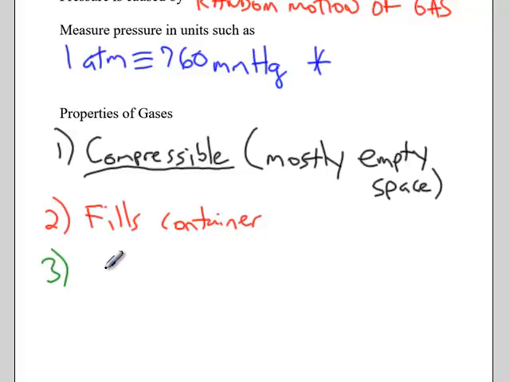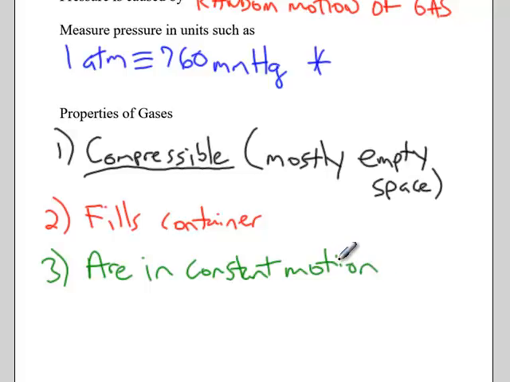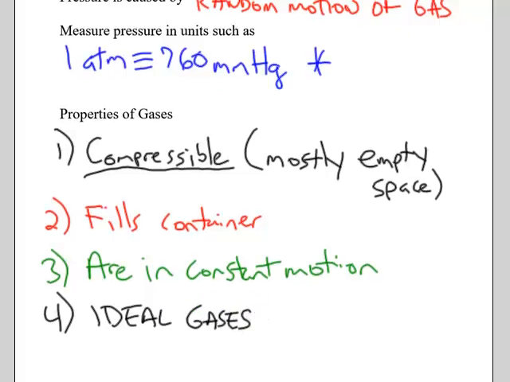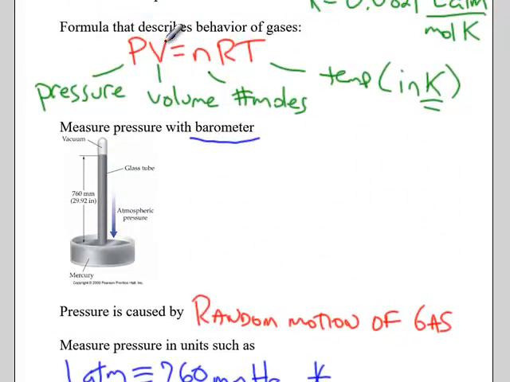Like solids and liquids, gases are also in constant motion. And as long as we're talking about ideal conditions, ideal gases, which are gases that follow this equation, this is the ideal gas law or the perfect gas law.